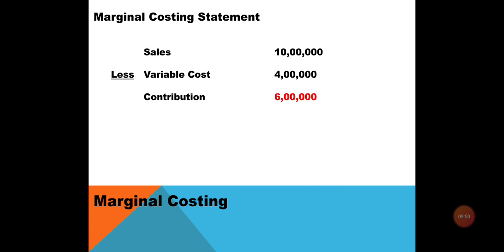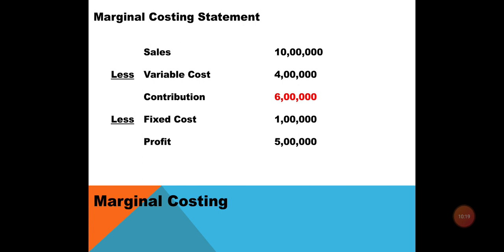But this 6 lakh rupees contribution is not profit. So to get profit, we have to deduct fixed cost from that contribution. I have taken here 1 lakh rupees as fixed cost, and after deducting fixed cost from the contribution, we get profit. Here in this example, we have profit of rupees 5 lakh.